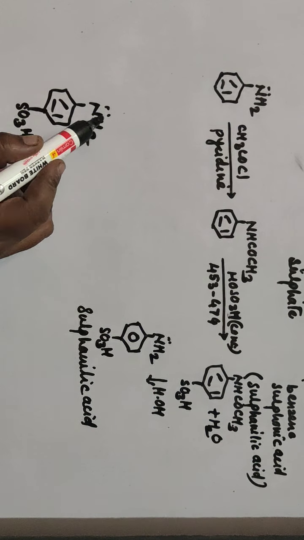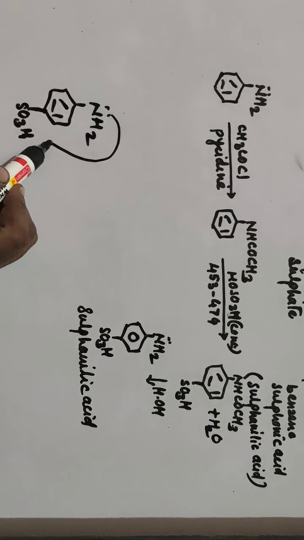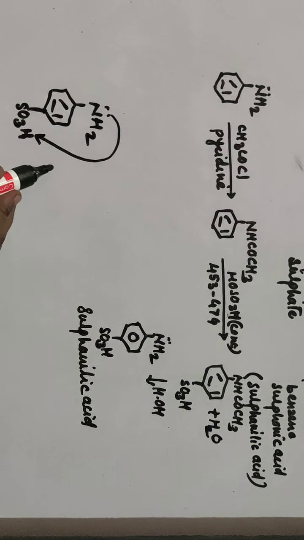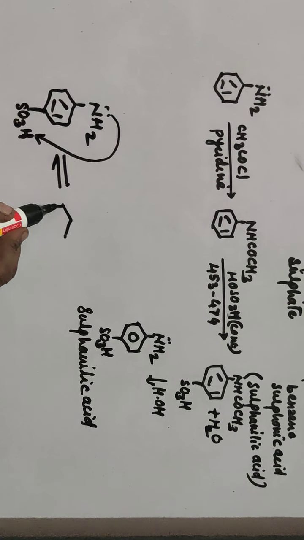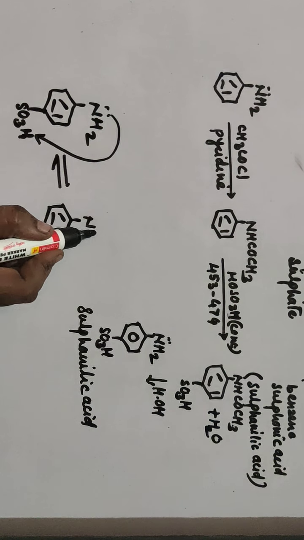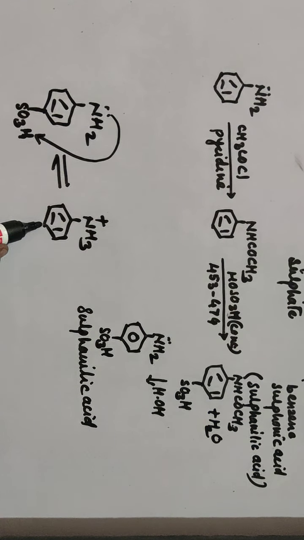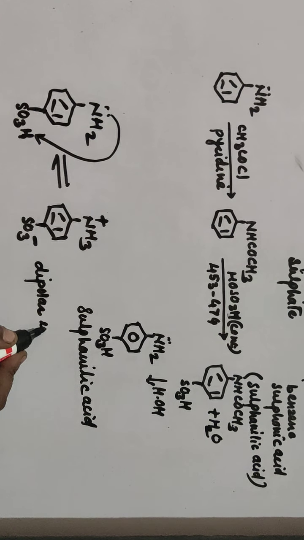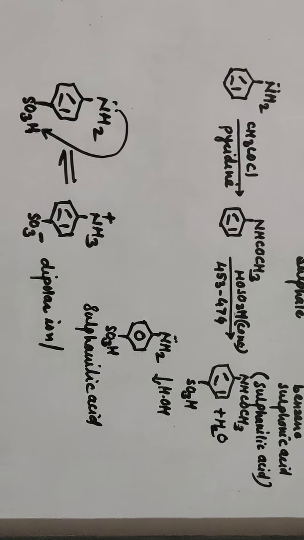So this NH2 accepts a proton from the SO3H group, and here there is a formation of NH3 plus and SO3 minus ions. So this is a dipolar ion. Two poles are separated, and this is called a Zwitter ion.